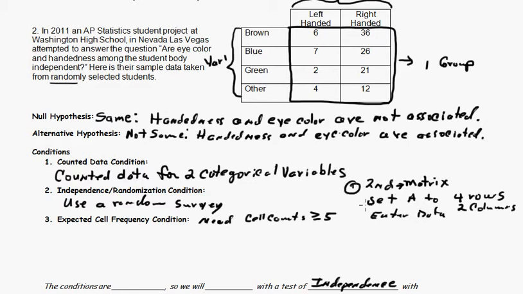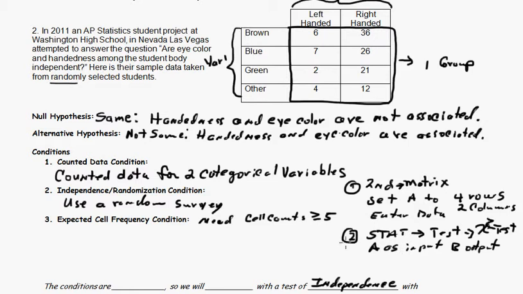After you do that, you would do stat, test, and run the chi-squared test with matrix A as the input and B as the output.